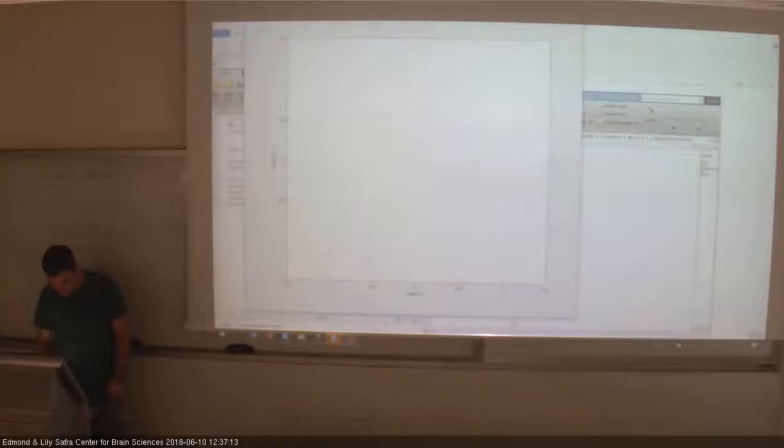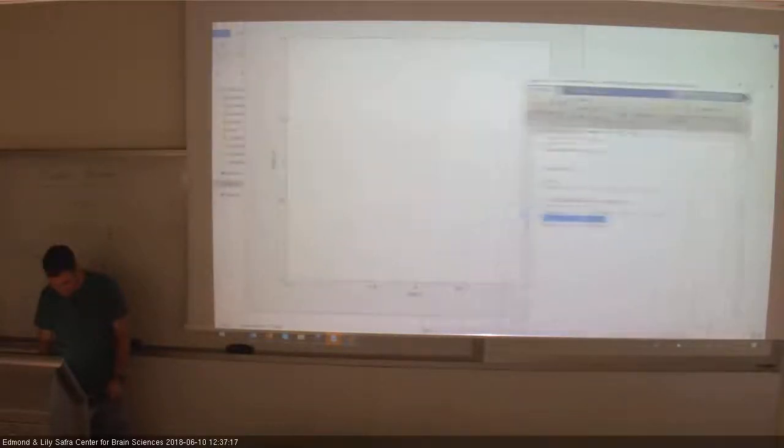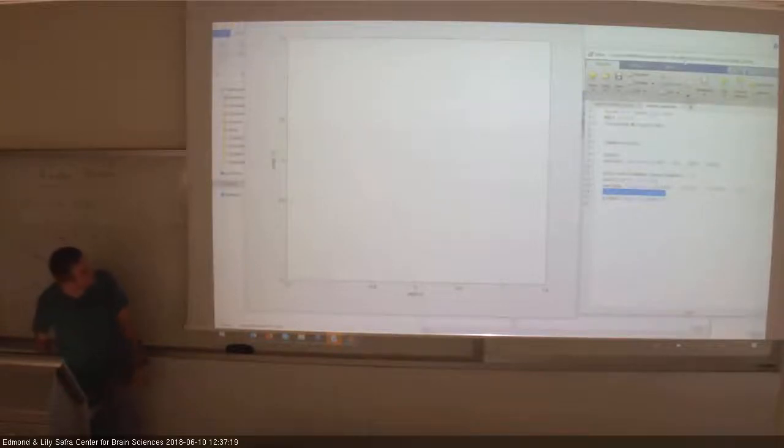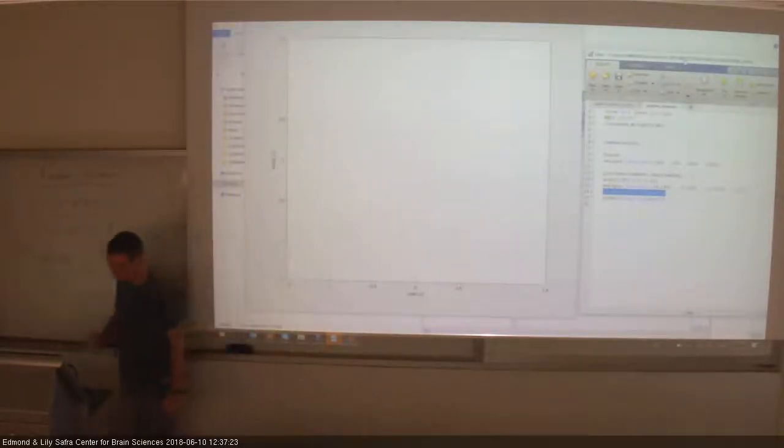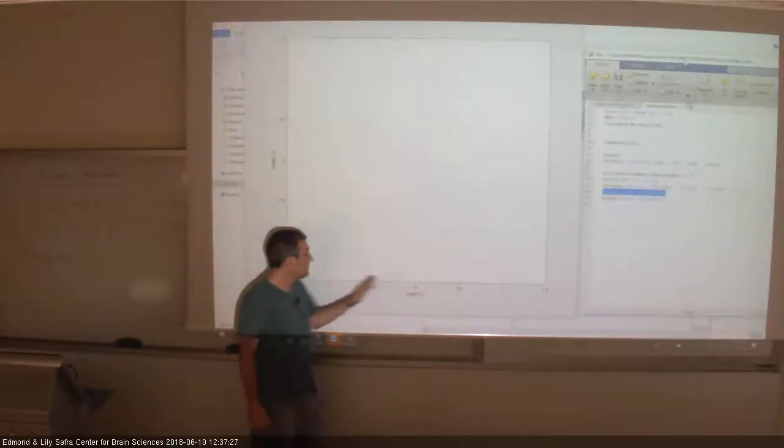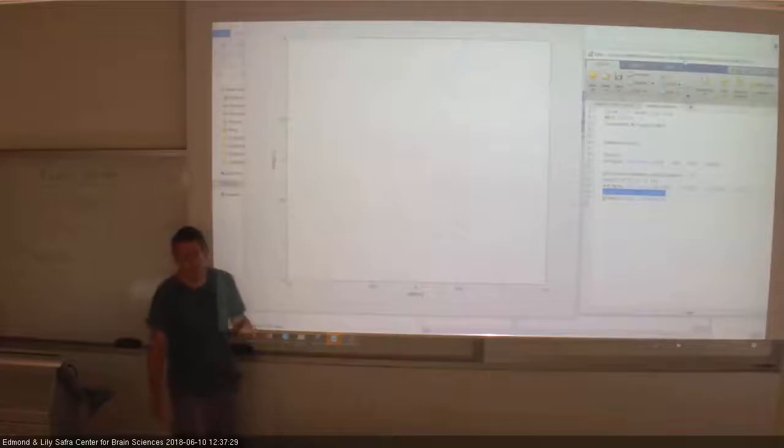So what I'm plotting here, every point here is one eigenvalue. This is the real part of the eigenvalue, and this is the imaginary part of the eigenvalue.